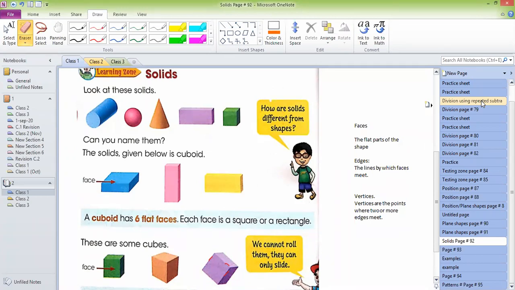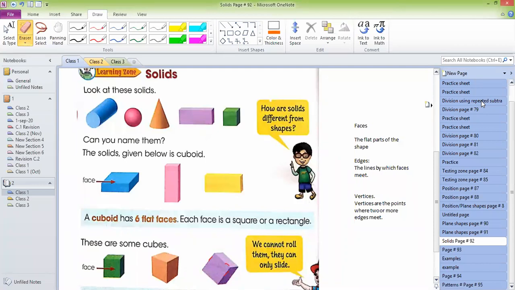You know about the cube and cuboids. Cube and cuboid both have six flat faces and they both have eight vertices and they both have 12 edges. What is the difference between cube and cuboid? In a cube, all of the faces are squares, but in a cuboid, faces can be square also or rectangle also.